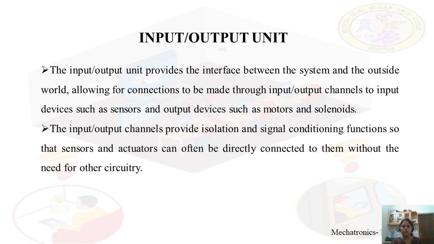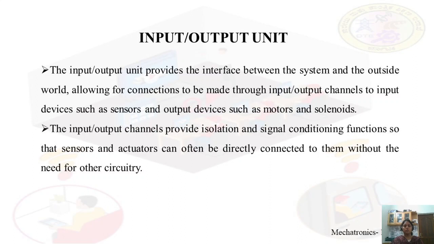These are all the input devices. And output devices are motors, solenoids. These are all output devices. The input/output channels provide isolation and signal conditioning functions so that sensors and actuators can often be directly connected to them without the need of external circuitry.